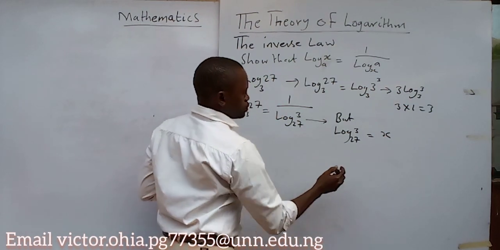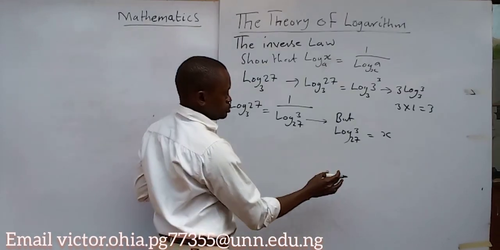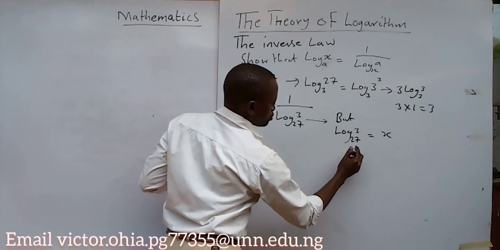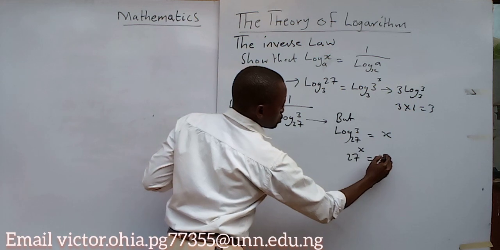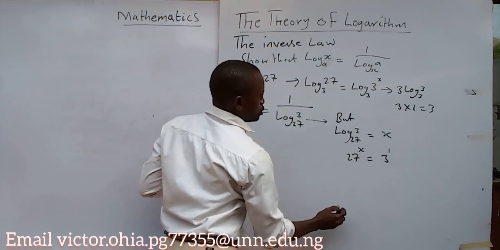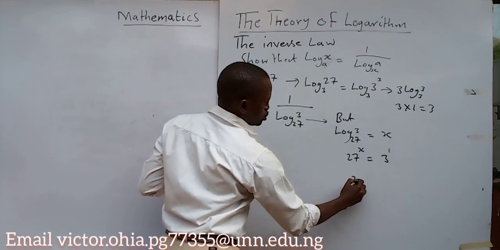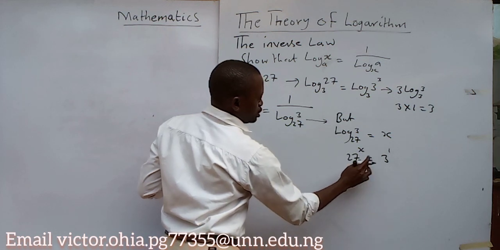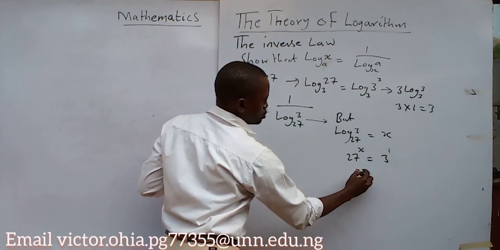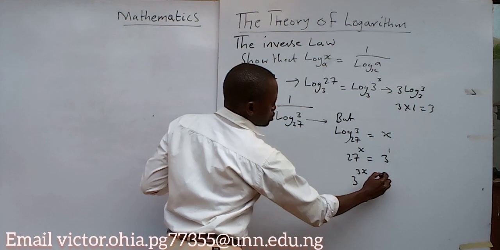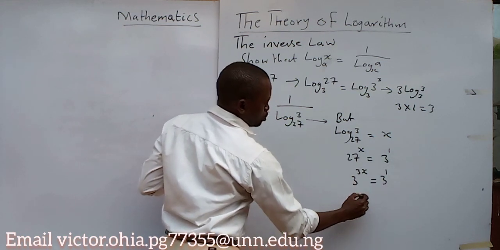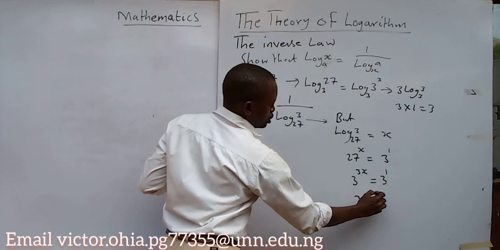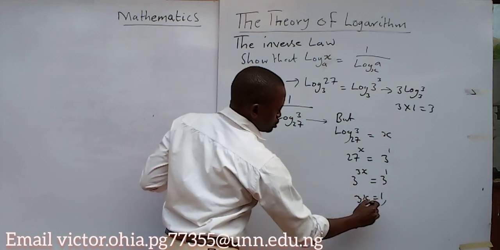Okay? So you know our method. We can interchange them, and we have 27 raised to power x equals 3 raised to power 1. And 27 is 3 raised to power 3, multiplying the existing power x, equals 3 raised to power 1. Now, since the bases are equal, you will have 3x equals 1.